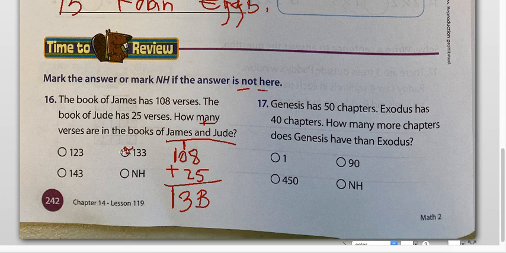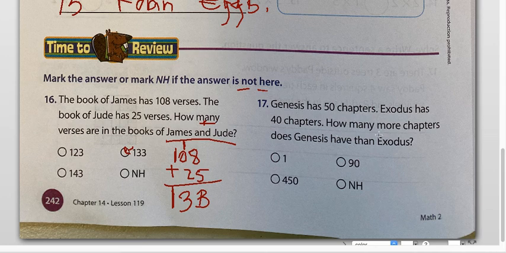Now let's do number 17. Genesis has 50 chapters. Exodus has 40 chapters. How many more chapters does Genesis have than Exodus? Now let's evaluate or examine this problem here.